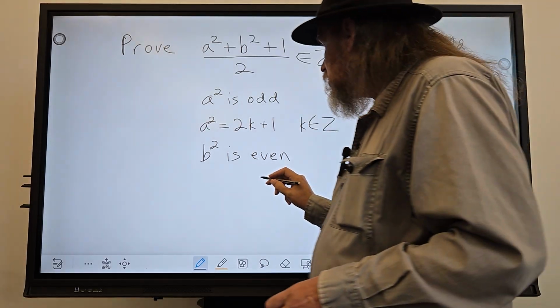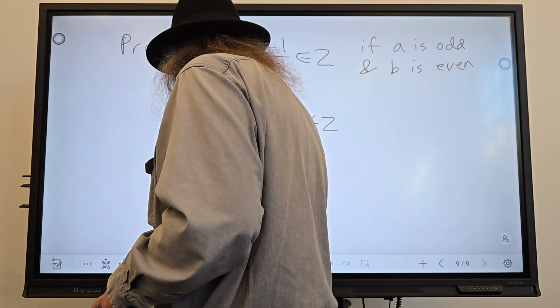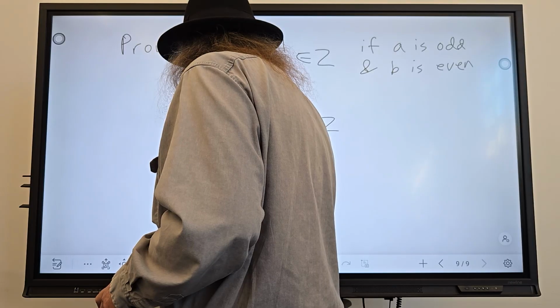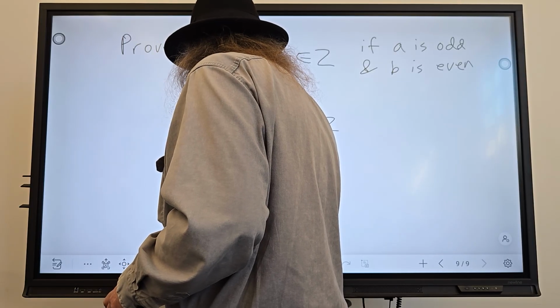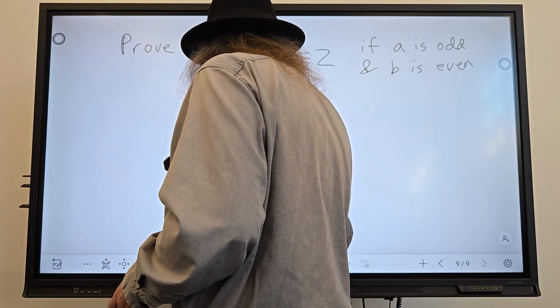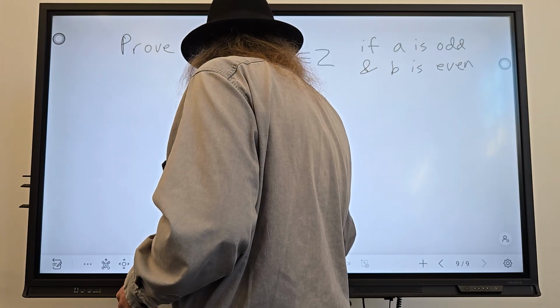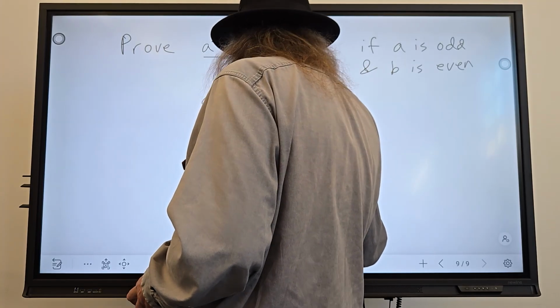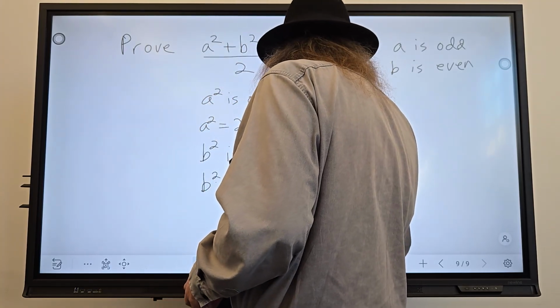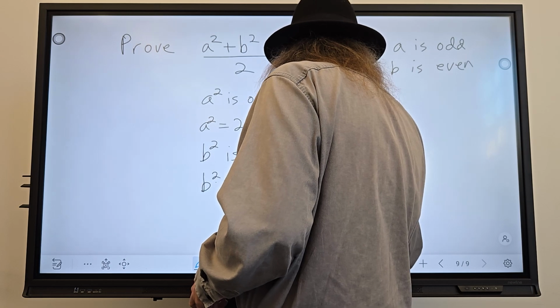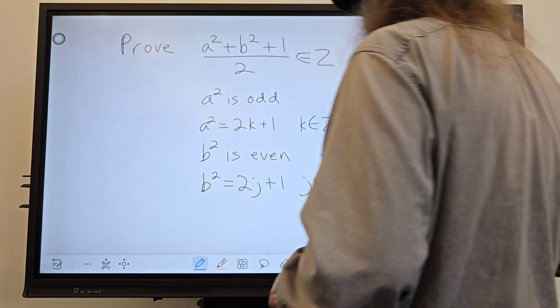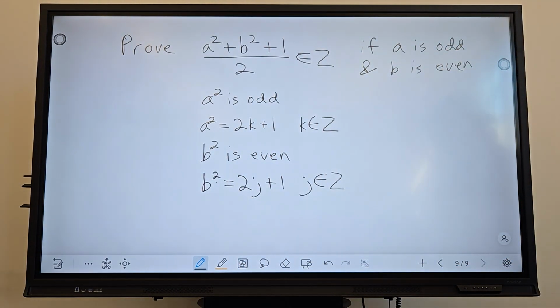So b squared equals 2j, j an element of the integers.